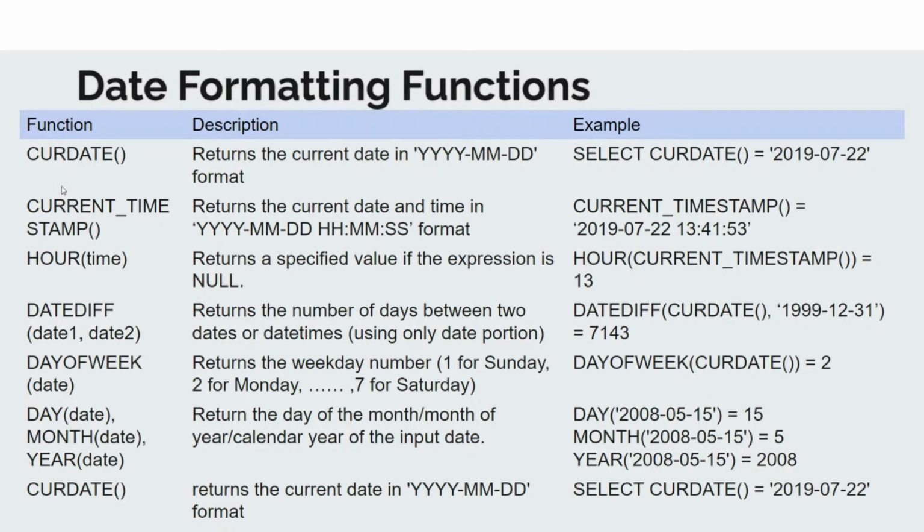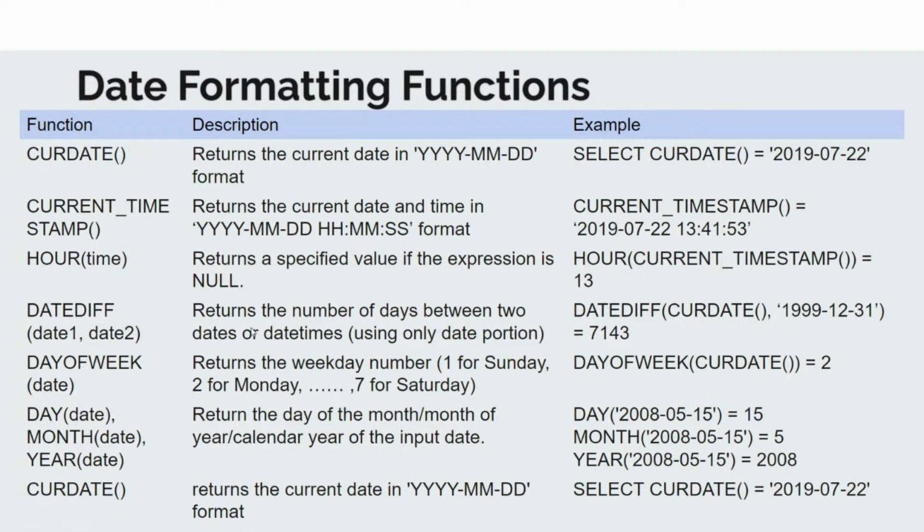This is really useful if I'm running updates. If I update a record, I can usually have a field in there that's like a timestamp field, and you put the current timestamp to show when it was last updated. You can get hour out of time. So this would be hour 13 because you get the hour out of the current timestamp.